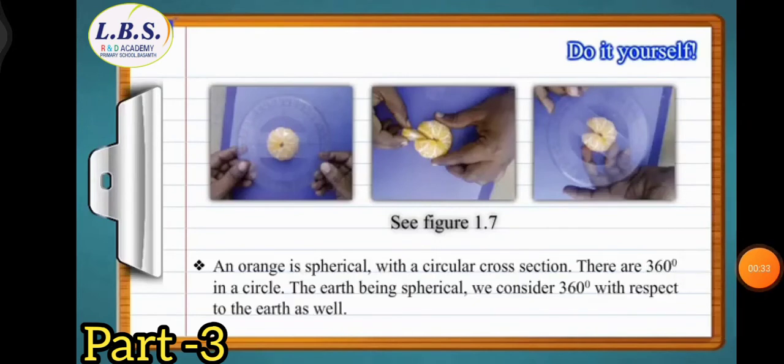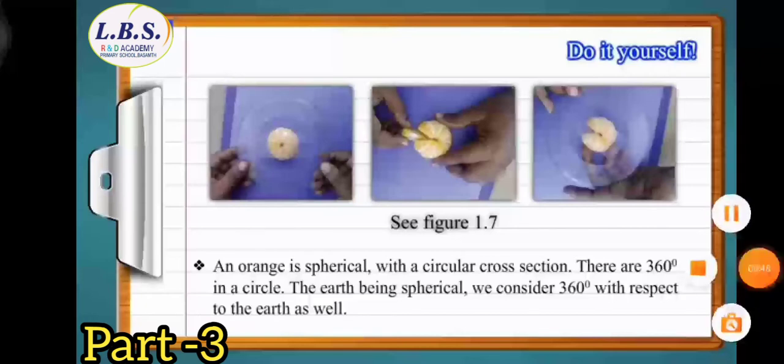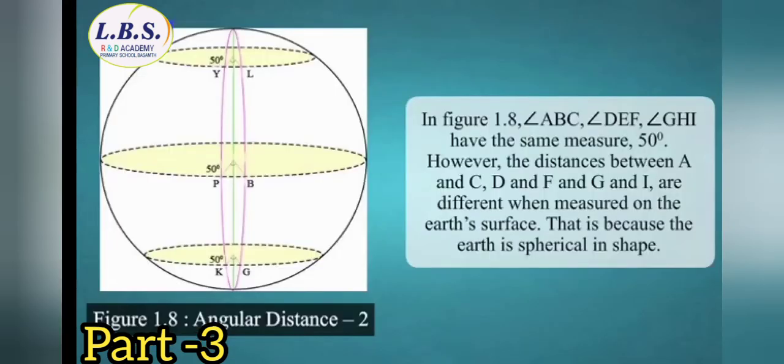An orange is spherical with a circular cross section. There are 360 degrees in a circle. The earth being spherical, we consider 360 degrees with respect to the earth as well. In figure 1.8, angle ABC, angle DEF and angle GHI have the same measure, 50 degrees.